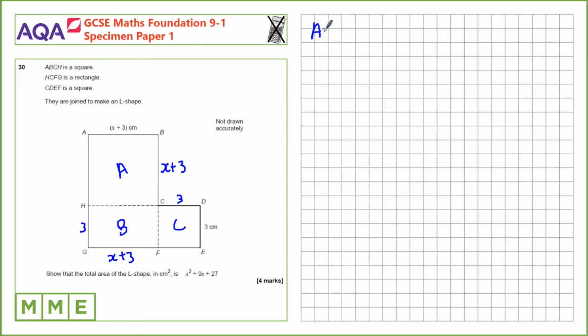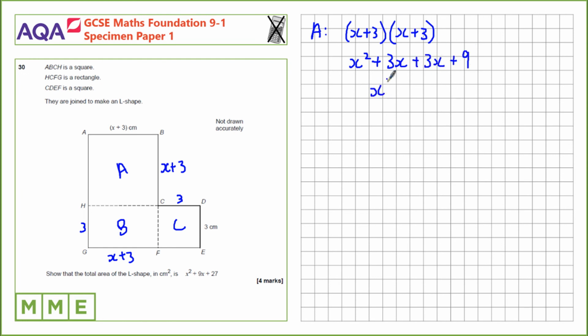So the area of A is x plus 3 multiplied by the other side x plus 3. To calculate this we need to expand, so we have x times x, which is x squared, x times positive 3, which is positive 3x, 3 times x, 3x, and 3 times 3, which is 9.